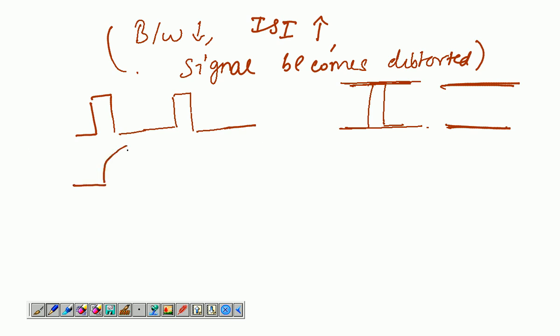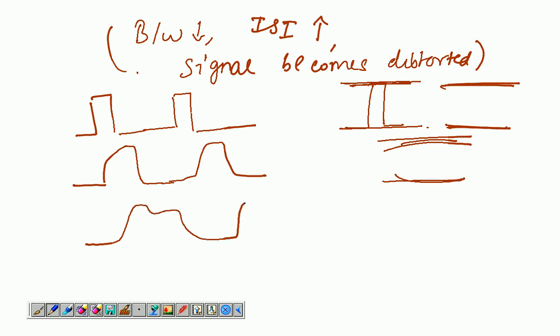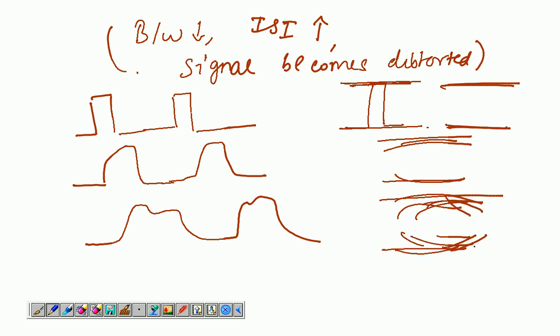But when it starts becoming distorted, let's say it's becoming something like this, you get something apart from the two straight lines. This just shows the distortion on the signal. And let's say it becomes distorted further and you have something like this, then it's going to show a lot of disturbances. And finally, this is known as a CRO pattern.